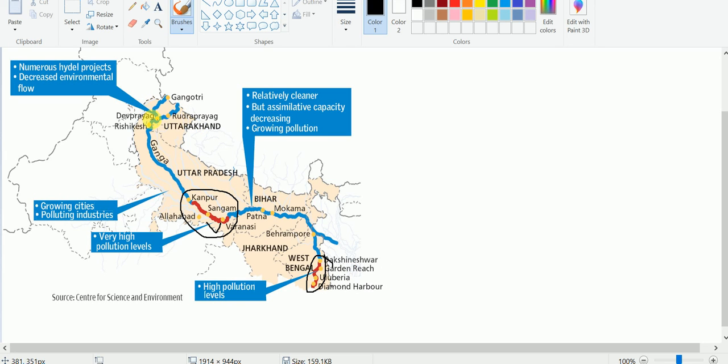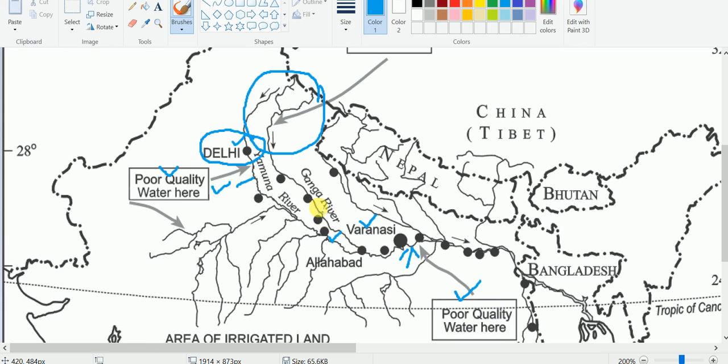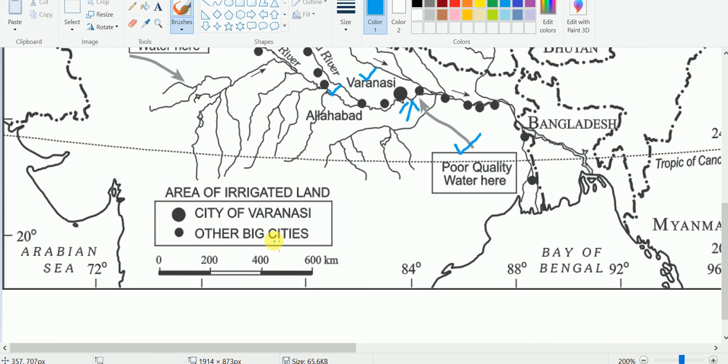And as I told you earlier, in the hill area the quality of water is good. So here these big dots or small dots represent big cities or towns or smaller cities.